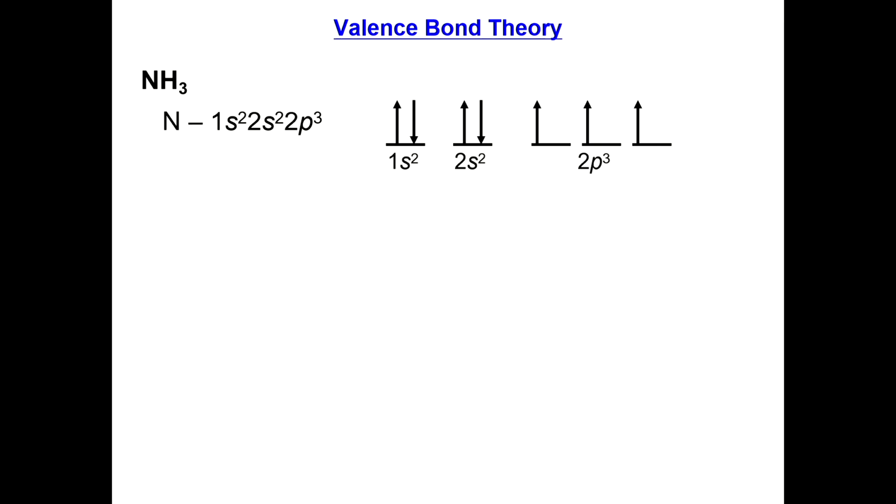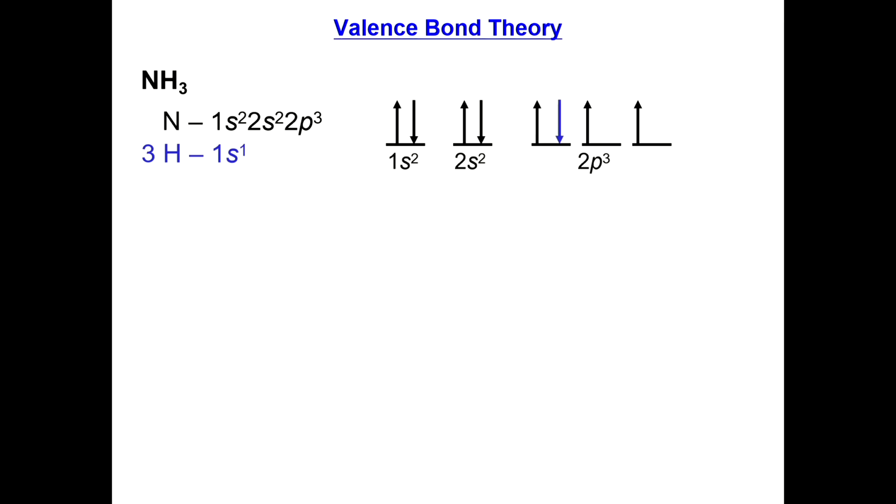Okay. So besides the nitrogen, it also has three hydrogen atoms, and it has three N-H bonds. Okay, we know one hydrogen only has one 1s electron. So basically, how do they overlap?